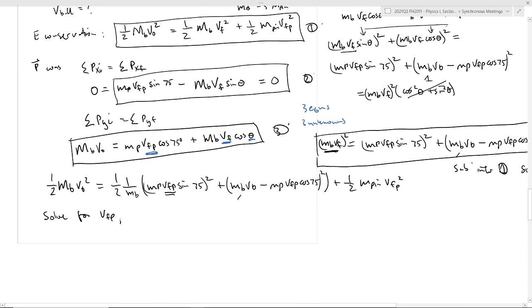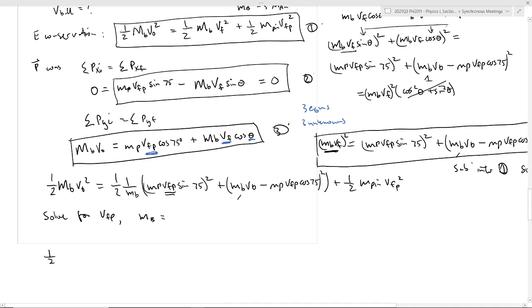Okay, and so at this point, this is a good point to notice that the mass of the ball is equal to 5 times the mass of the pin. So we can start to substitute that piece of information in, and that'll let us cancel some stuff.